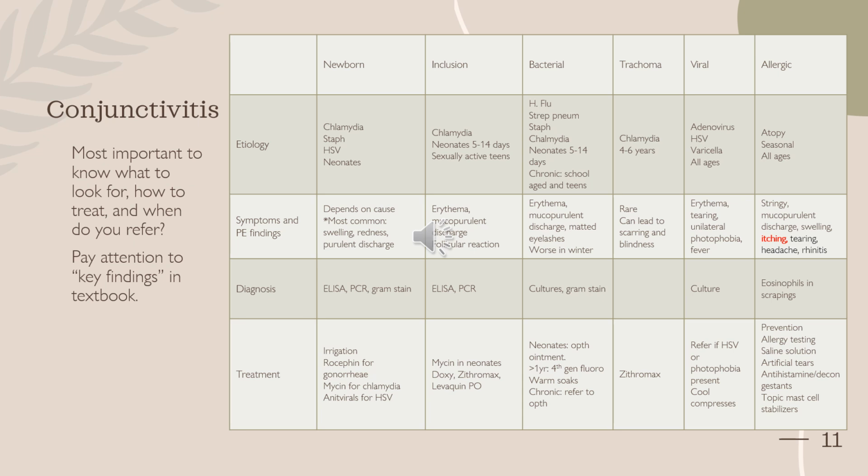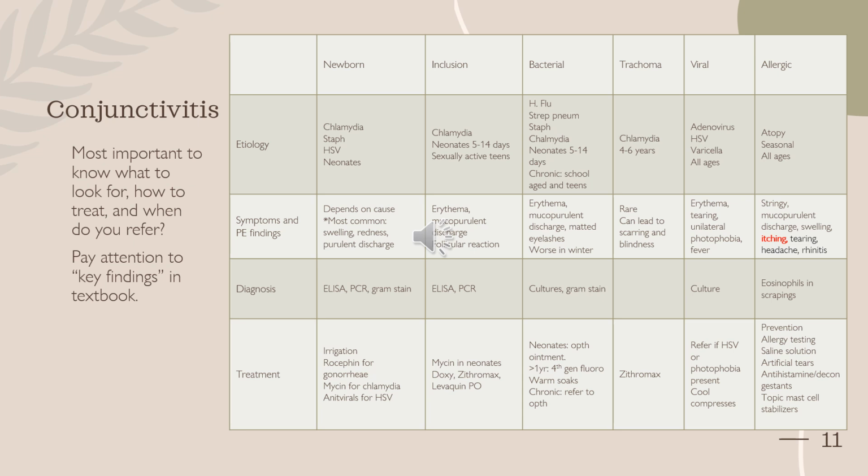So newborn conjunctivitis, they're usually born to mothers with chlamydia, staph infection, or herpes simplex. Again, it's newborn, so it's in neonates. The symptoms and physical exam findings depend on what the cause of it is, okay? But the most common symptoms and physical exam findings are going to be swelling around the eyes, redness of the eyes, and purulent discharge.